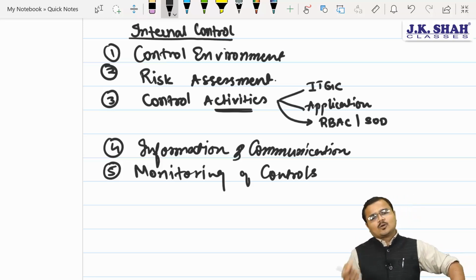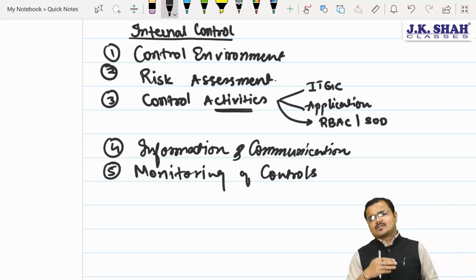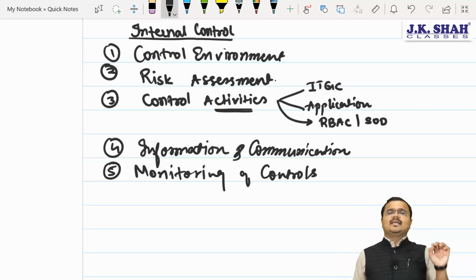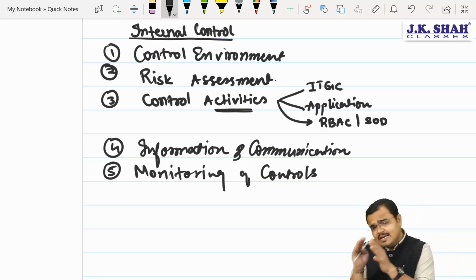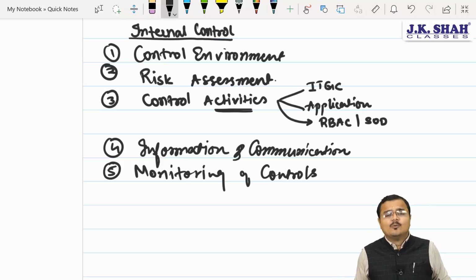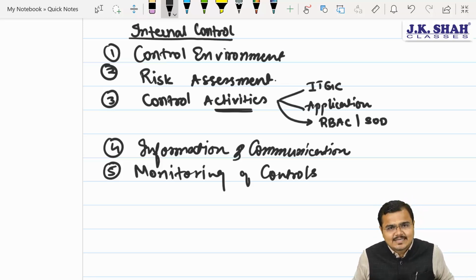Number 3, sir, control activities covering the ITGC, application controls, as well as role-based access control and segregation of duties. Number 4, sir, information and communication. And 5th one, chartered, which is very important, my dear chartered, monitoring of control. Constant and continuous monitoring of these controls will definitely help you, chartered, achieve the best internal controls in your organization and minimize the impact of risk.